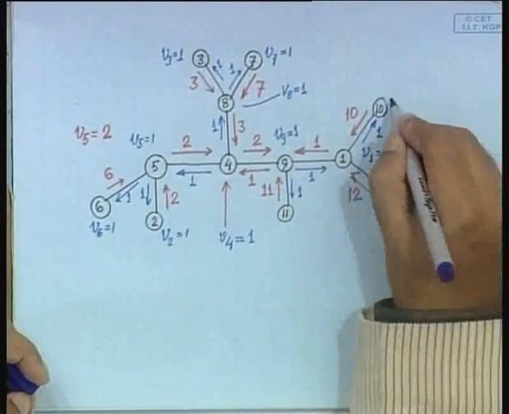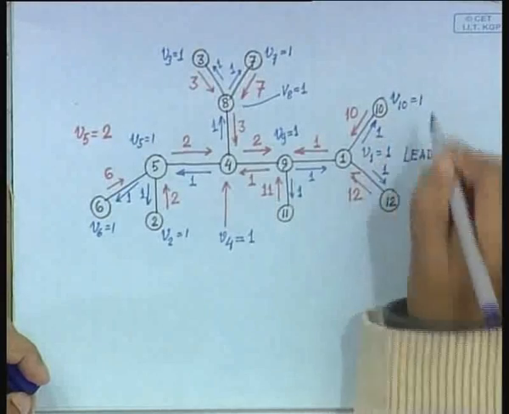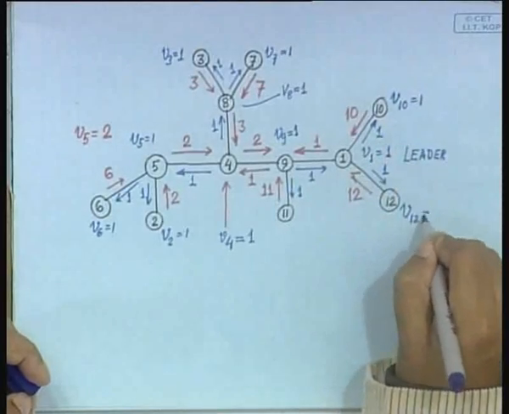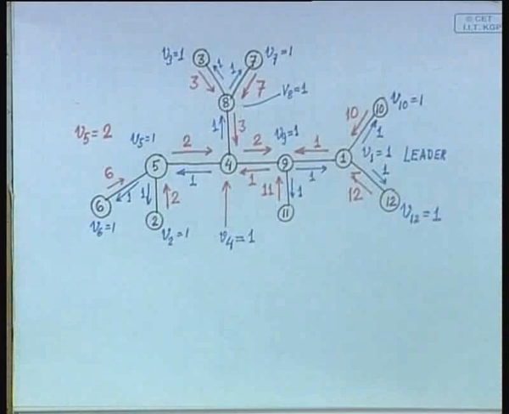Once that is done, then V10 will become 1 and V12 will also become 1. At this point of time, all processes know that 1 is the leader. Is it okay?